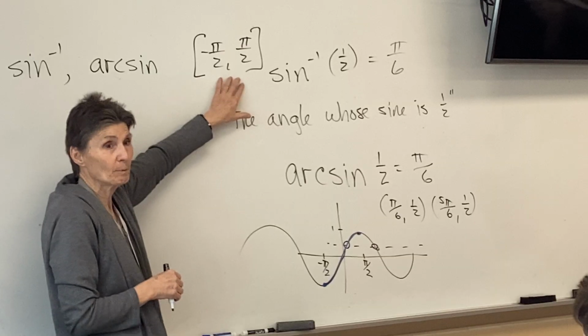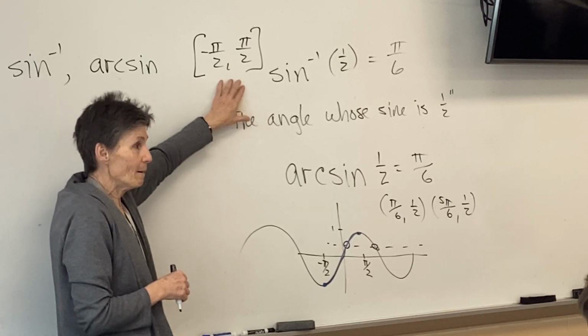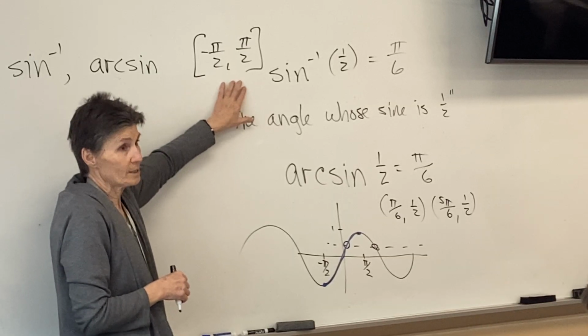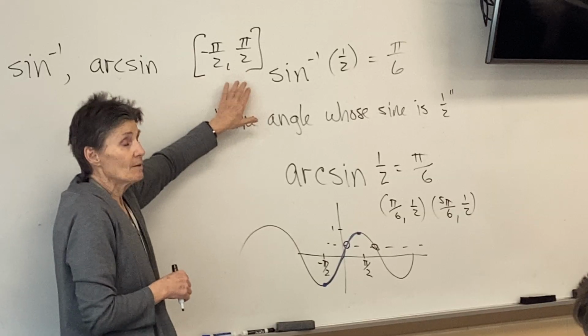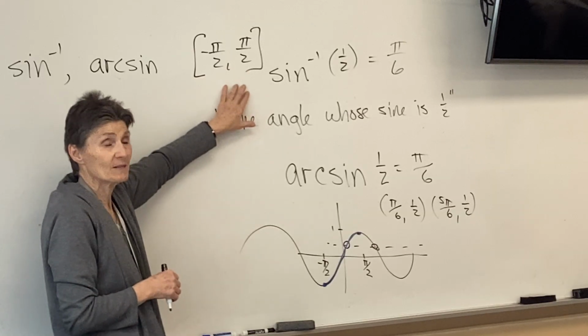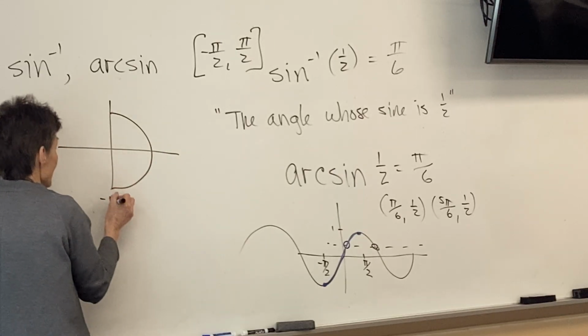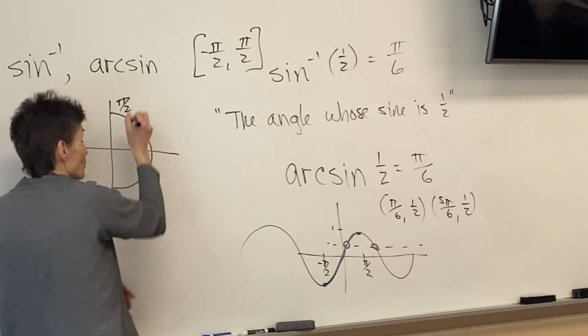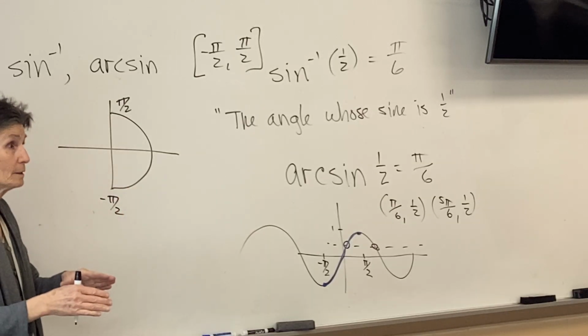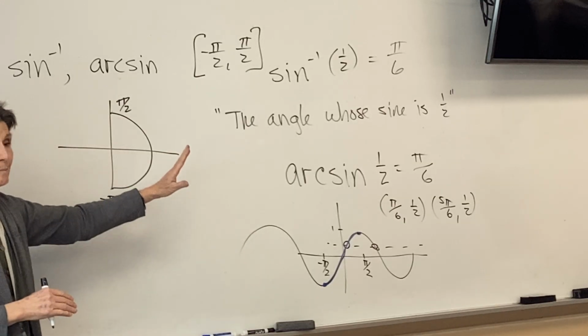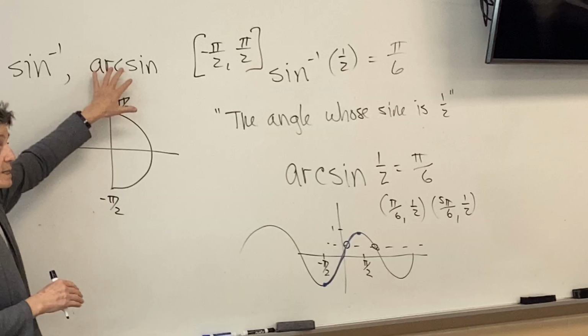These are called the principal values. Remember, you get no reference sheet, so you will need to memorize that the principal values of the inverse sine are from negative pi over 2 to pi over 2. So on your unit circle, you'll only look at the right side for inverse sine.